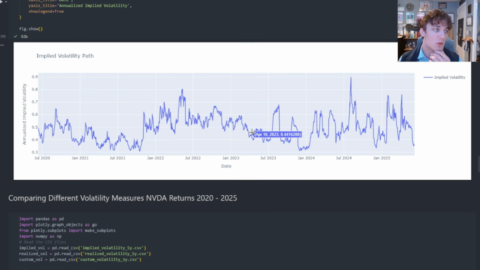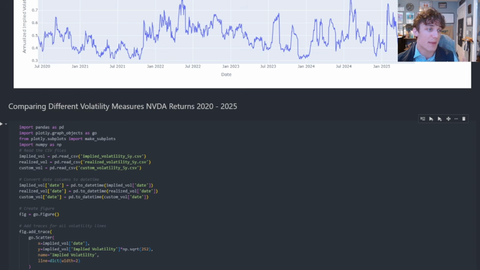You can observe this quantity of implied volatility. This is the true historic implied volatility path that we're looking at. In fact, this is for Nvidia. I've queried the data, and I've also included a script if you would like to query the data yourself, but I've also included the data in this repository with the Jupyter Notebook.